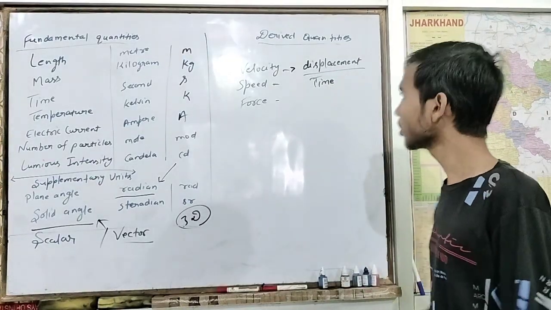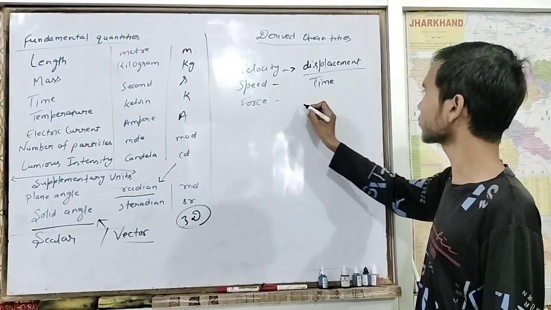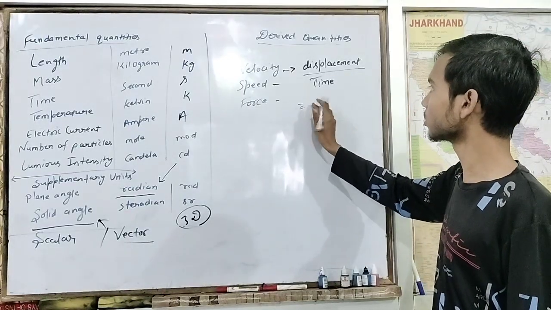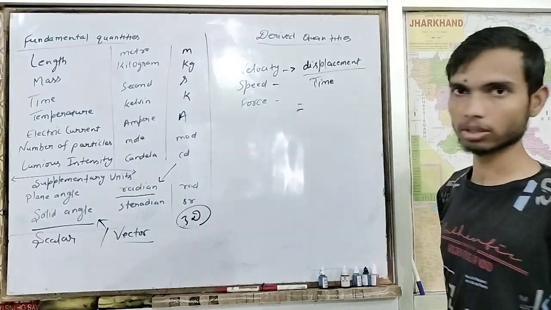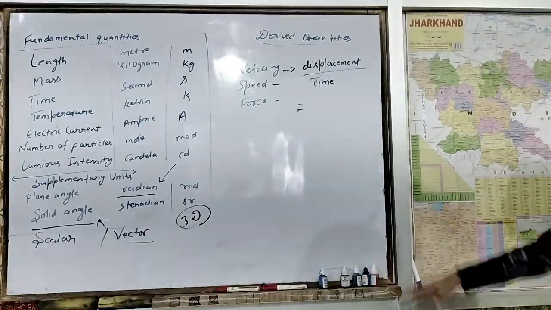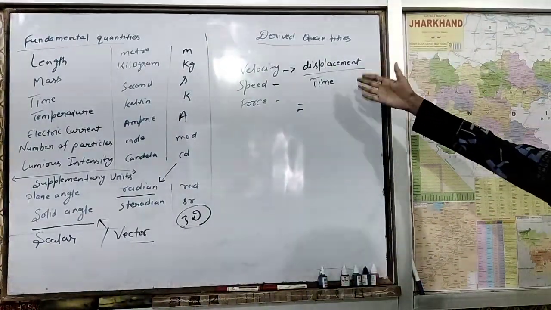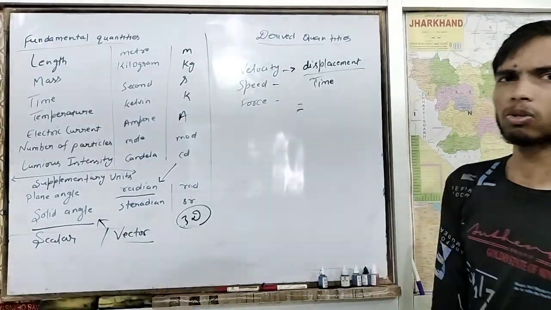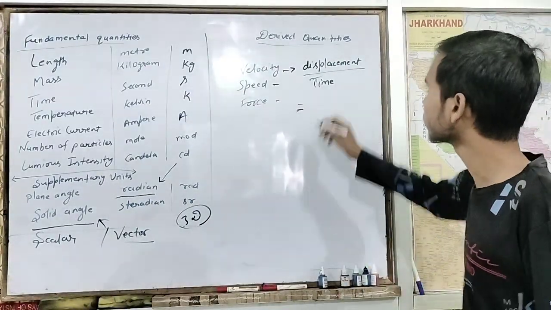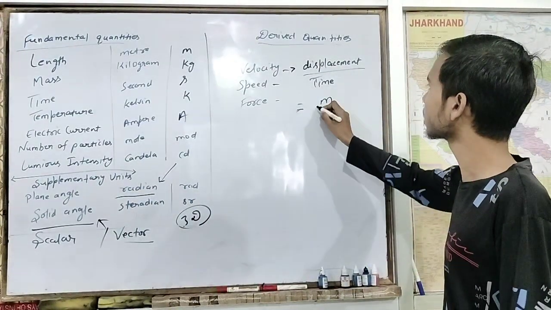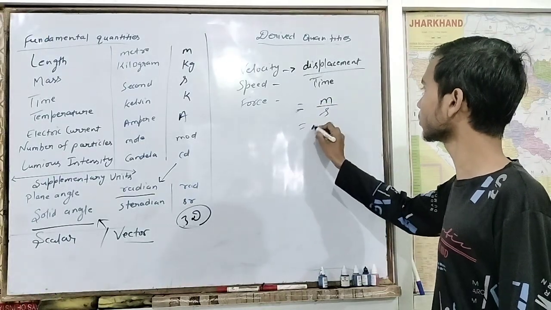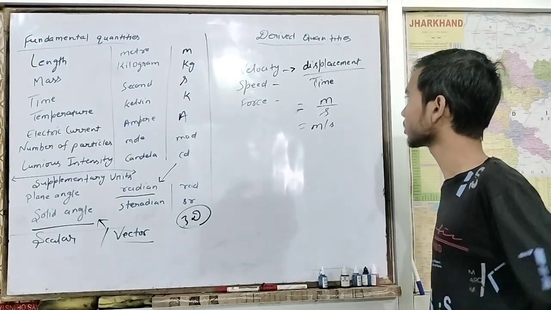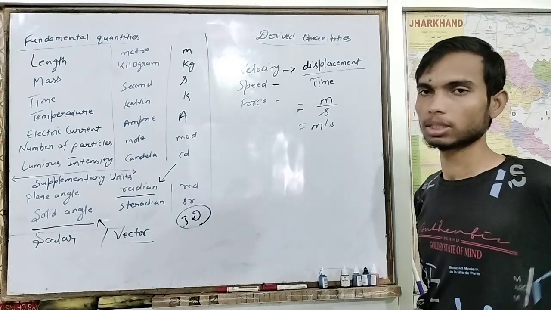Now our focus should be on units of physical quantities. The unit of displacement would be meter, and for time, second. You are getting meter per second, isn't it?